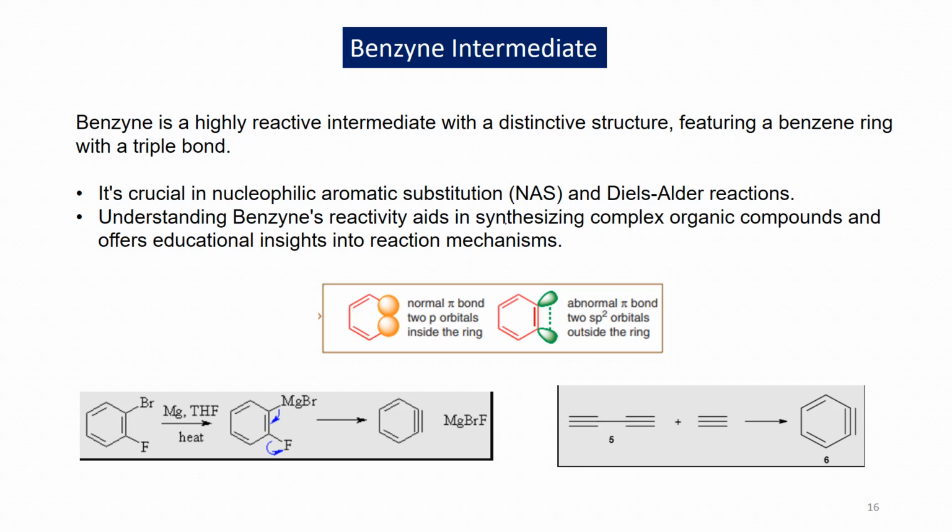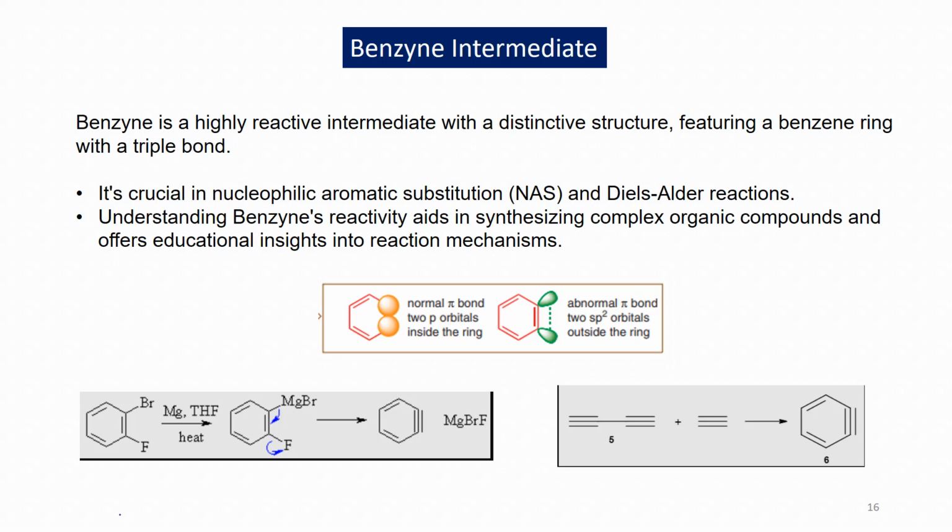So benzyne is a highly reactive intermediate with a distinctive structure featuring a benzene ring with a triple bond. It is crucial in nucleophilic aromatic substitution and Diels-Alder reactions. Understanding the benzyne's reactivity aids in synthesizing complex organic compounds and offers educational insights into the reaction mechanism.